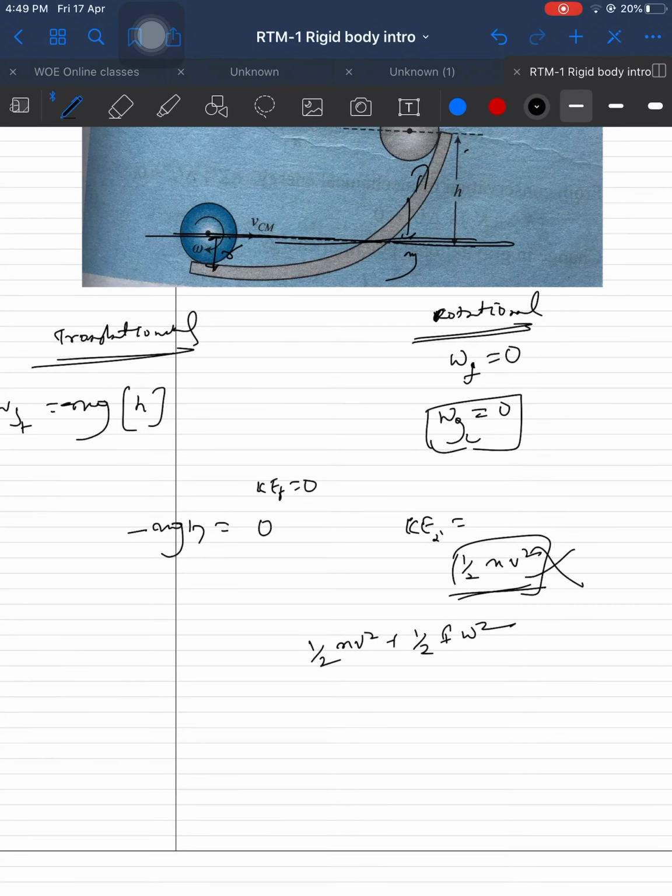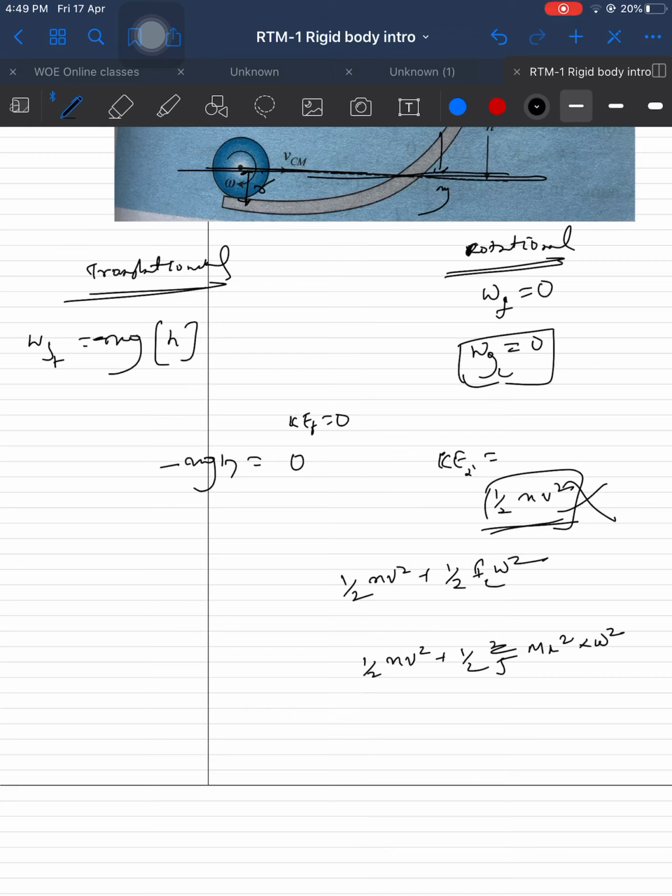Half mv square plus half I omega square. What is the moment of inertia, what kind of body is it? A ball. Assume it as a solid sphere. If it is a solid sphere, the value is 2 by 5 m r square into omega square, where omega is about the center of mass.